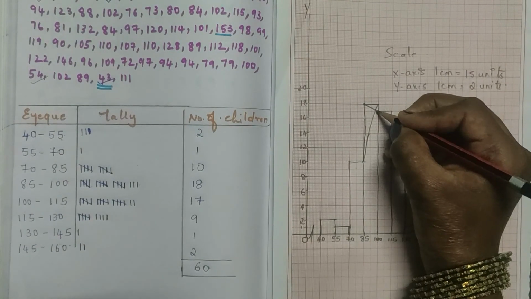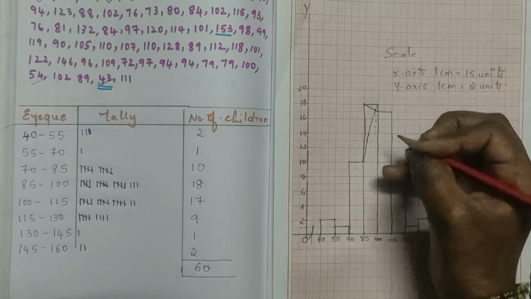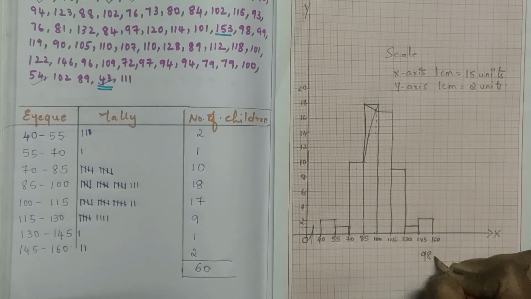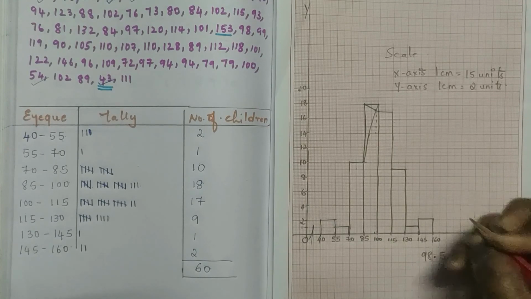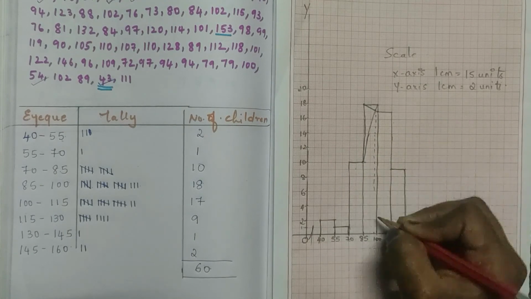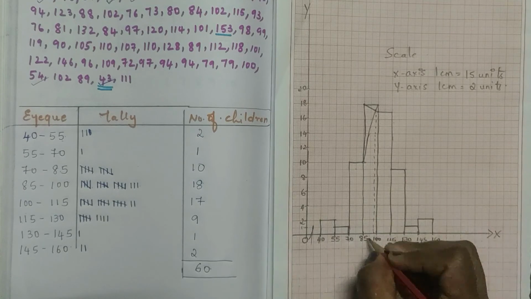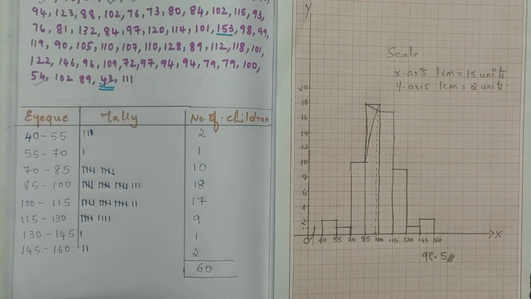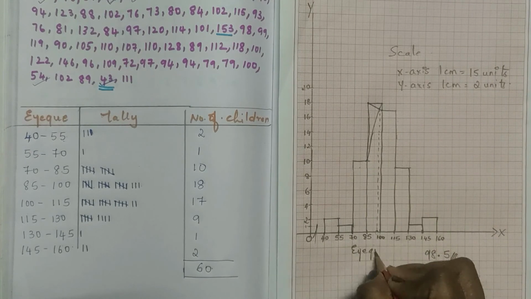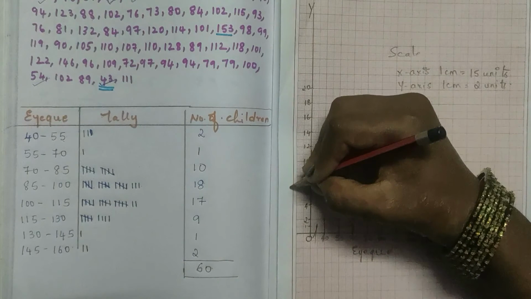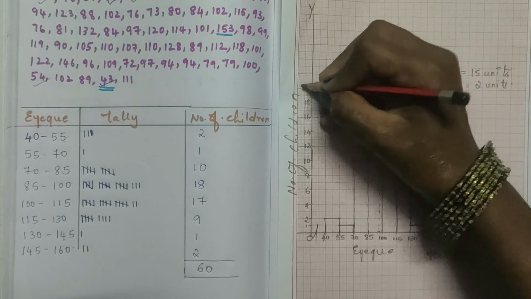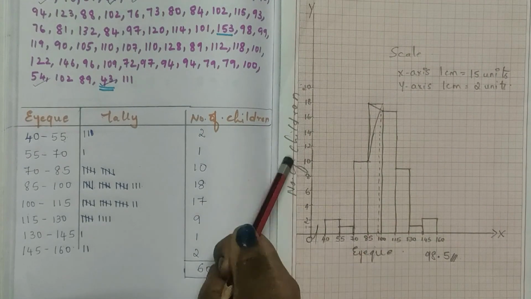So this falls somewhere here, I guess. It's somewhere around 98.5. So you just have to draw it with the help of scale. I'll just do it roughly. So this is my mode. This is how you need to draw it. So this will be your IQ, and this is your number of children.